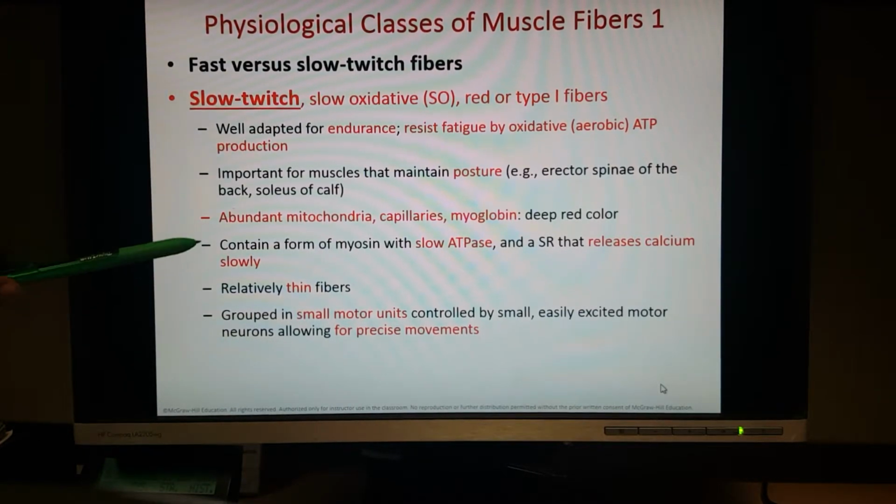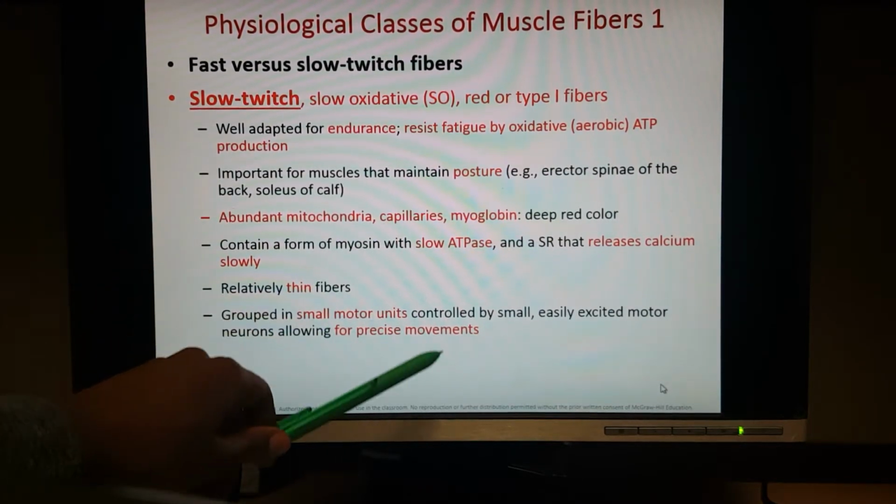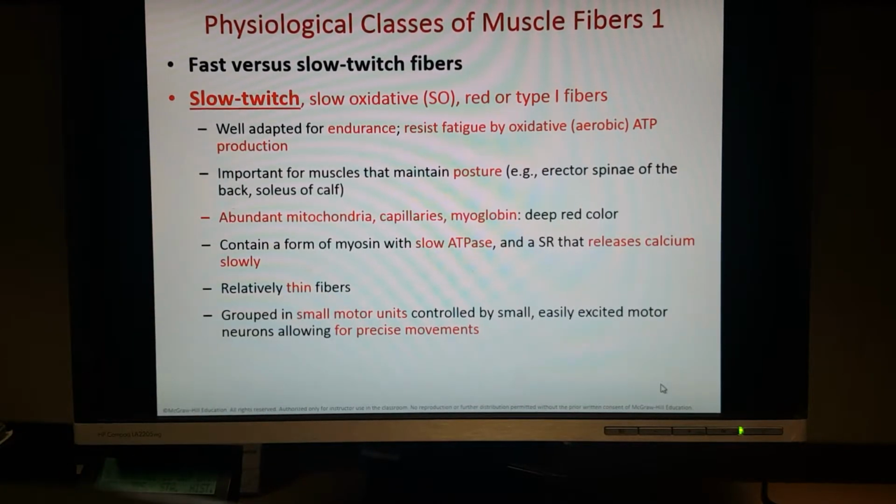These slow twitch fibers have a lot of mitochondria to make sure they have plenty of ATP to resist fatigue, lots of capillaries so they have plenty of oxygen being sent to those cells, and plenty of myoglobin, which allows for storage of oxygen, giving these muscle fibers their deep red color.